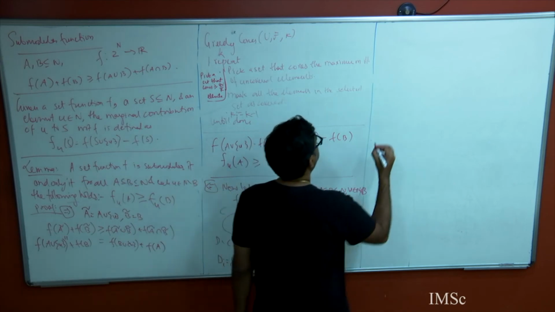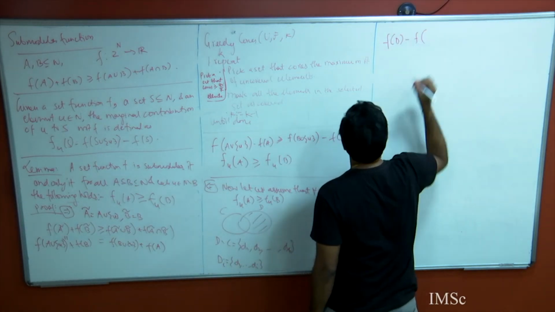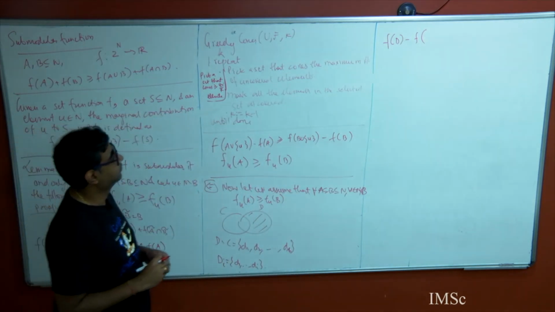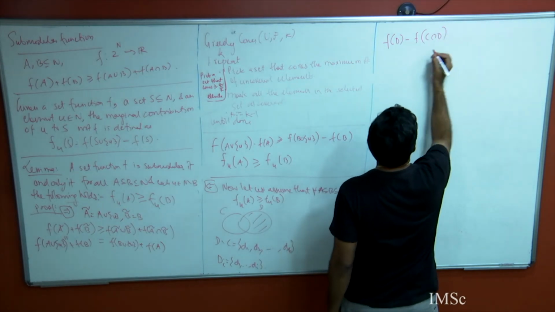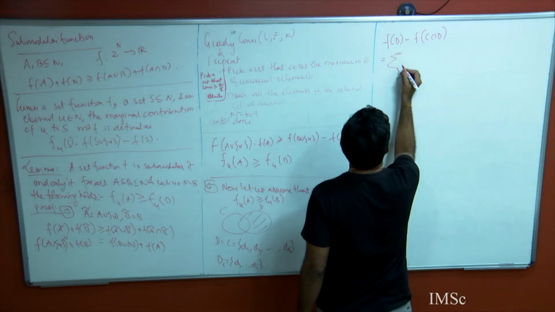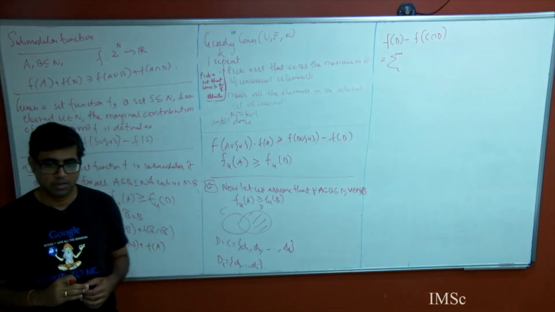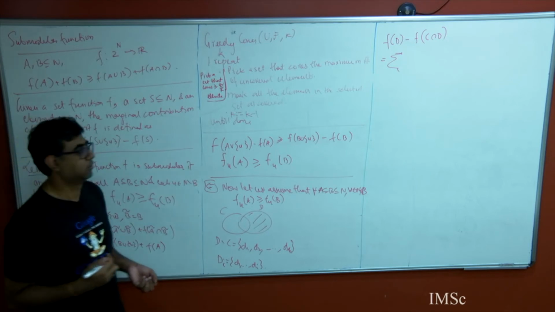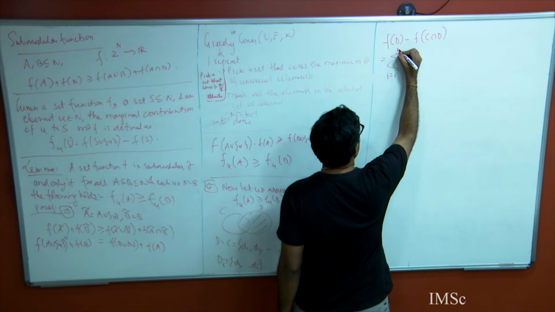So let's now consider f of D minus f of C intersection D. Is equal to what? I'm going to write it down slightly differently, like adding marginals one by one. So summation I equal to 1 to h.